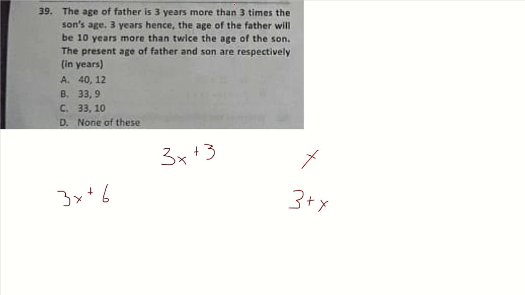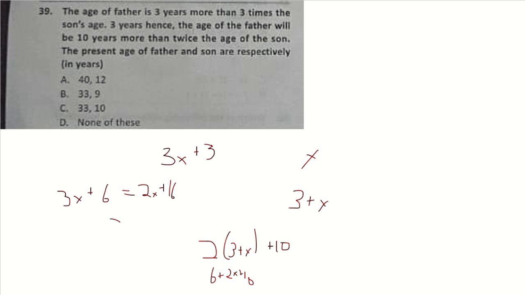But then we are also given age of father will be 10 years more than twice the age of son. So 2 into 3 plus x plus 10 is equal to 6 plus 2x plus 10. So therefore 3x plus 6 is equal to 2x plus 16.